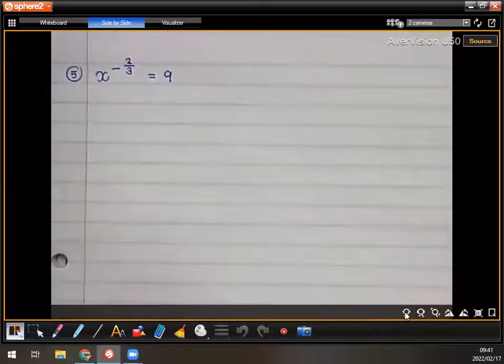X to the power of -2/3 is equal to 9. Now there's a lot of stuff going on here, right? So this is a test for exam.